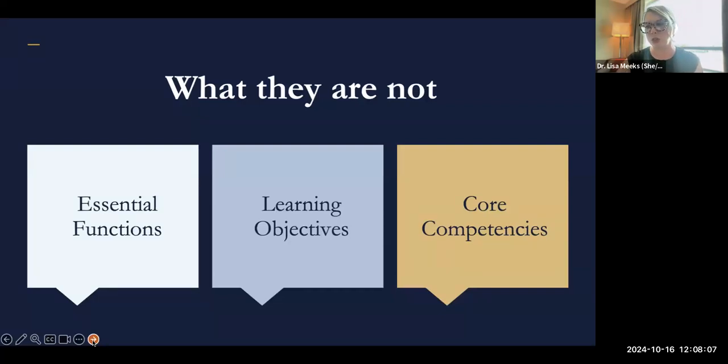They're written for the student, and the focus is on the application of knowledge and skills. And core competencies are skills that are needed in order to be successful at a job or other activity, and they come after a specific type of training. So I hope you're seeing the differences here. Technical standards are the skills and abilities needed to enter a program, not necessarily to exit.